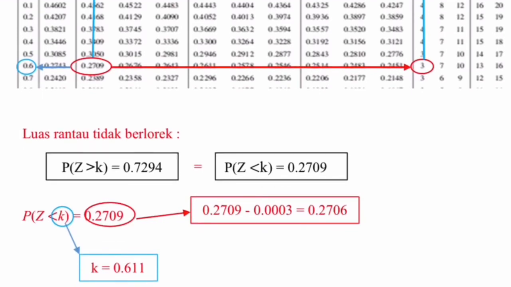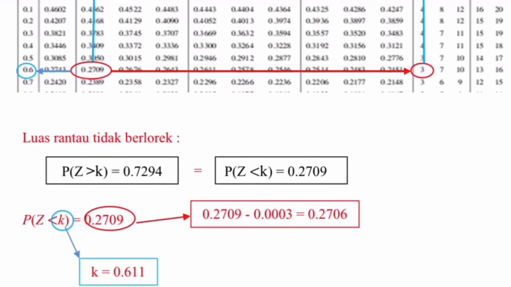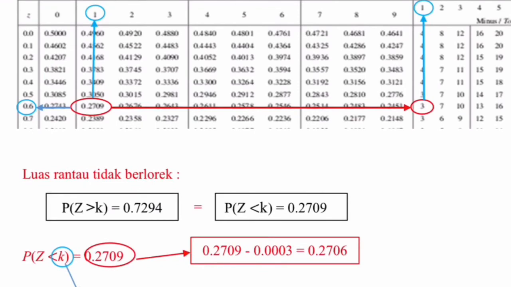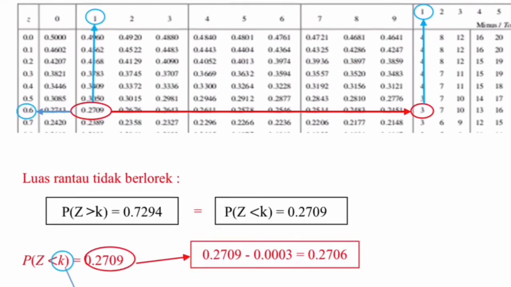So you cannot find from 0.7294. We will find 1 minus 0.7294. So you can only read for the Buku Sifir 0.2709, because the areas are actually sharing the same z-score. So we will use the area which is less than 0.5 to find the z-score.